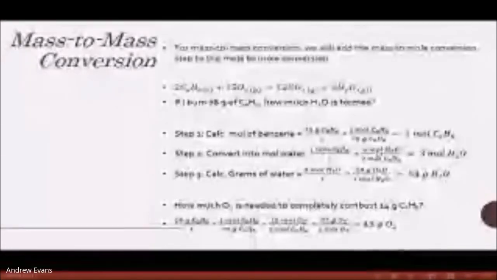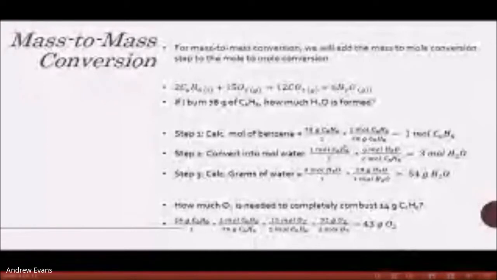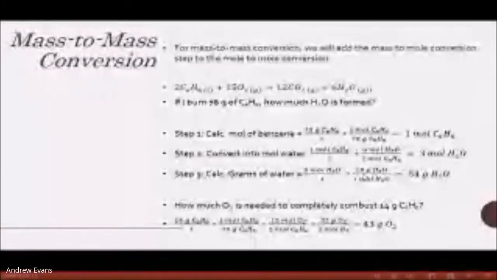For every 2 moles of benzene, I would get 6 moles of water. So 78 grams of benzene would form 3 moles of water. Then finally, a mole of water weighs 18 grams. And so when I burn 78 grams of benzene, I would get 54 grams of water.